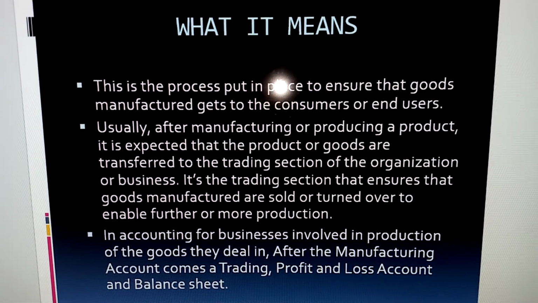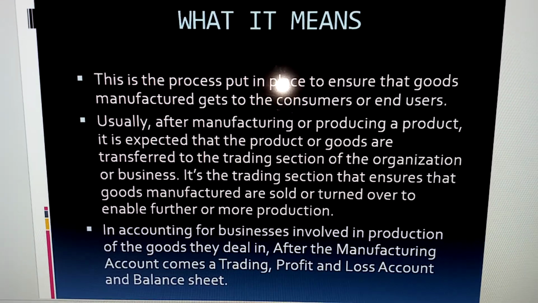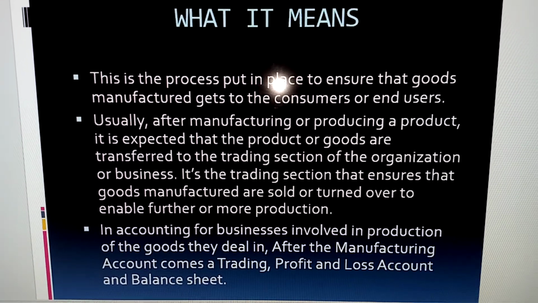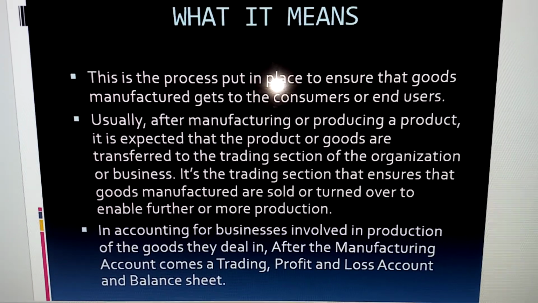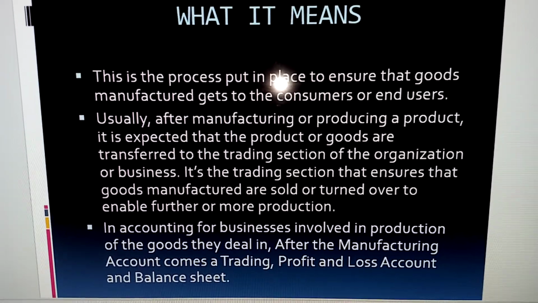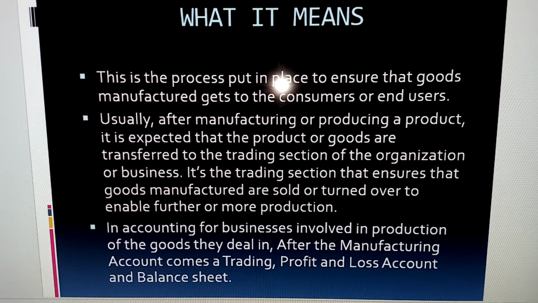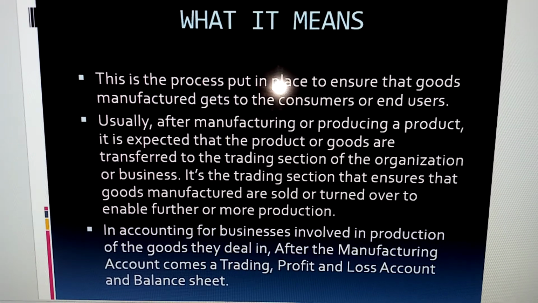So in accounting for a business involved in production or manufacturing of the goods they deal in, after the manufacturing account comes a trading, profit and loss account and the balance sheet. So basically, after manufacturing, goods are transferred to the trading section.